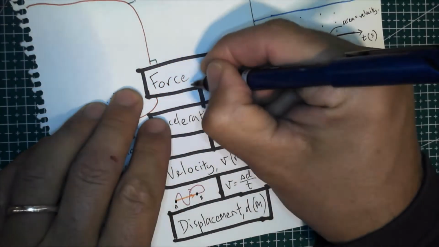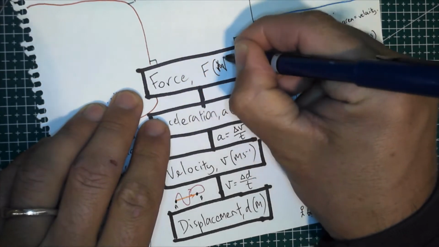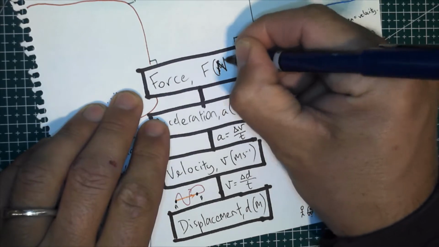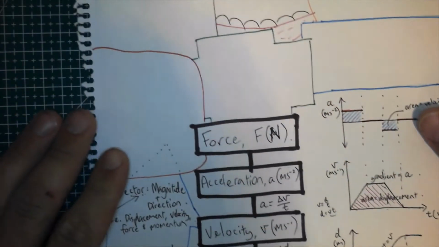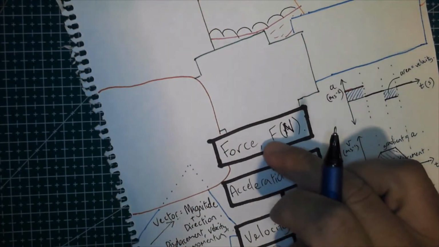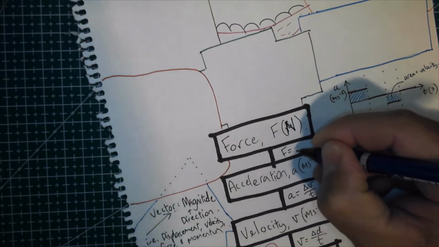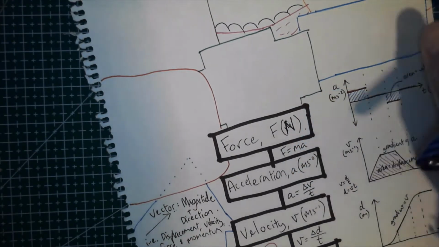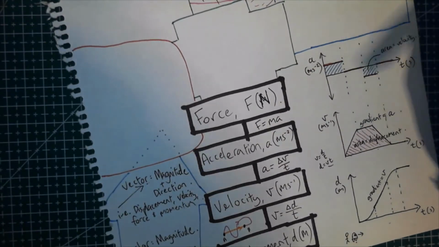In particular, it needs to be an unbalanced force. And forces are measured in newtons after Isaac Newton. And this is actually how much acceleration you get for a known unbalanced force is one of Newton's 3 laws.